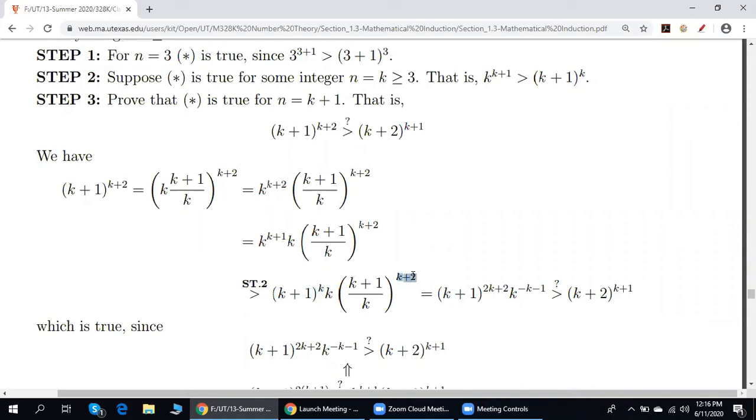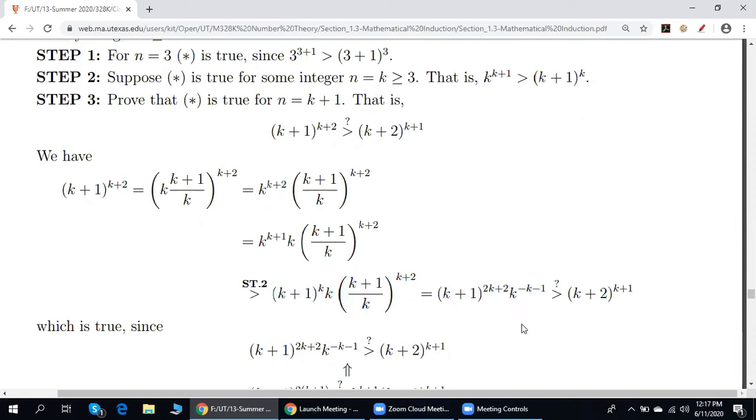But k plus k plus 2 is 2k plus 2. Similarly, k to first power times k to negative k minus 2 is k to negative k, which is here, minus 1, because 1 minus 2 is negative 1. Do you all see how we jump from here to here?